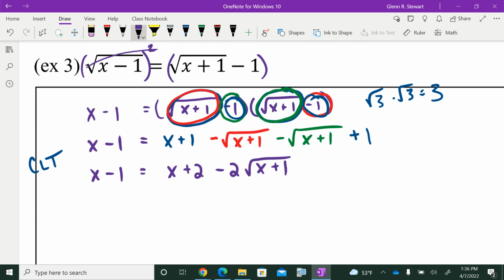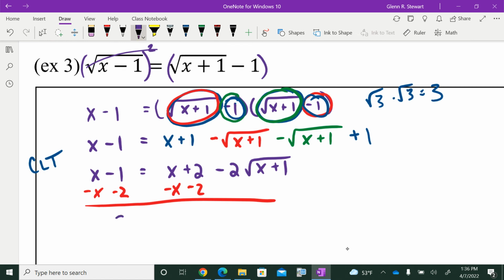Since I now only have one radical, I want to start moving things over in order to get it by itself. So I'm going to subtract 2 from both sides and subtract x. Is the negative 2 part of the radical? The negative 2 is part of the radical, yeah.